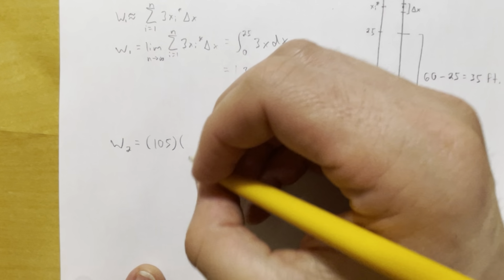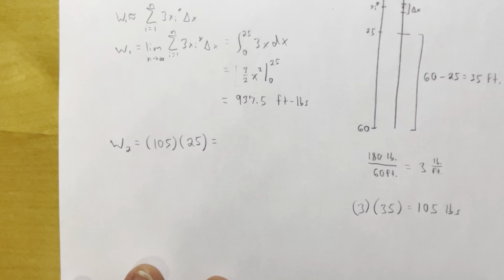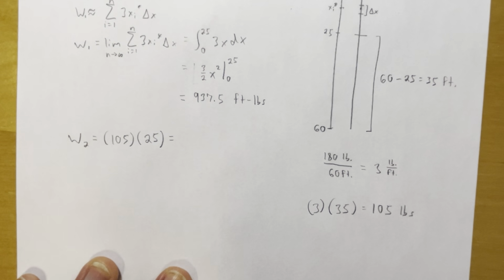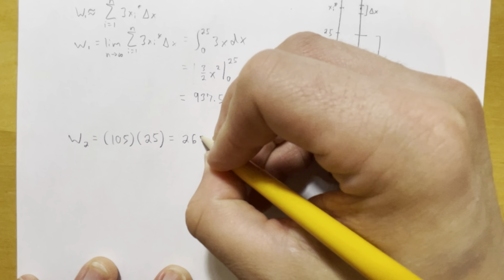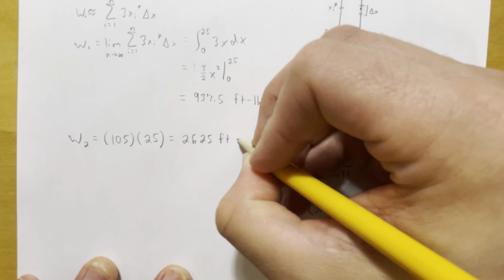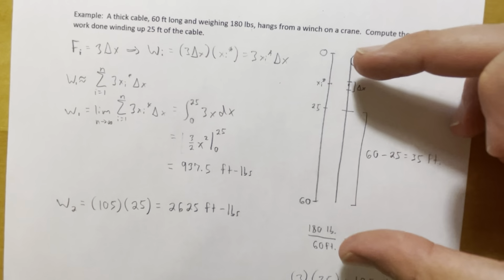So that's going to be what I multiply by, 25 feet. 105 times 25 is 2,625. So 2,625 foot-pounds.